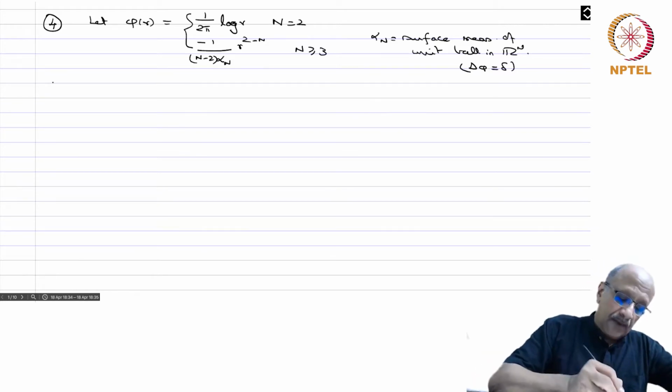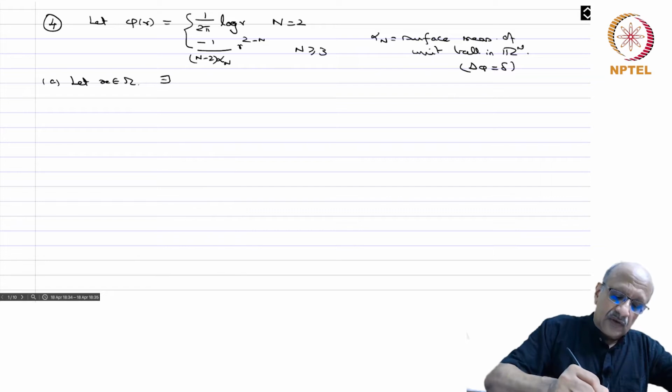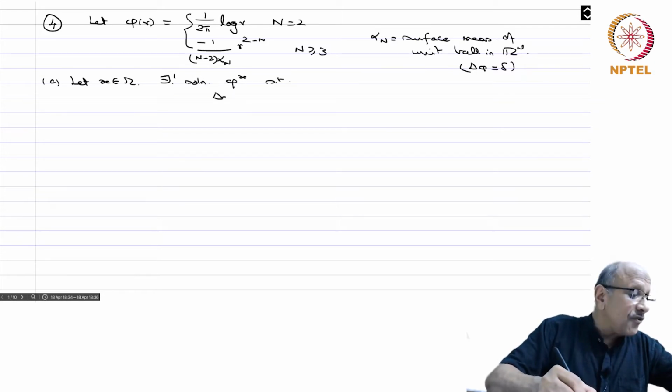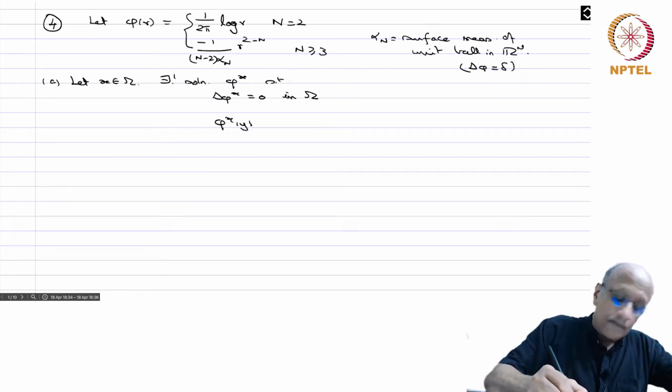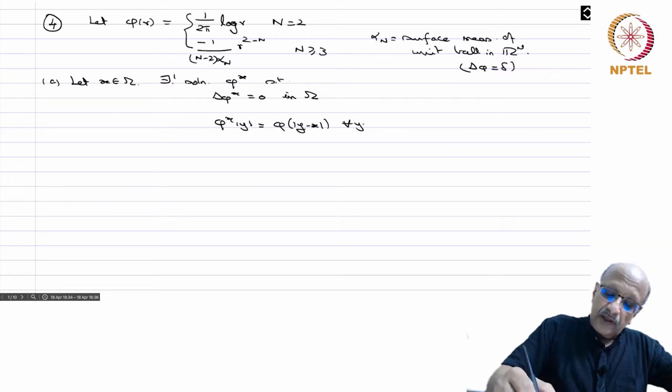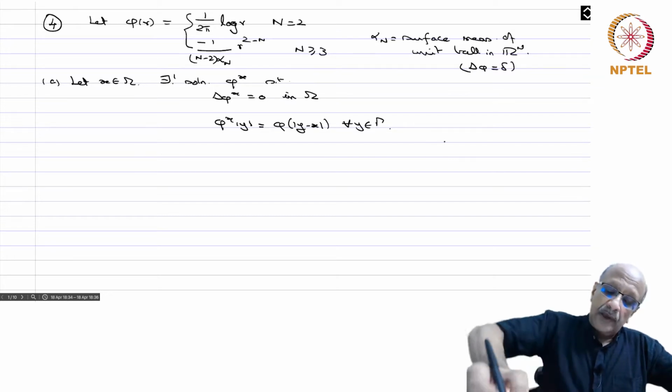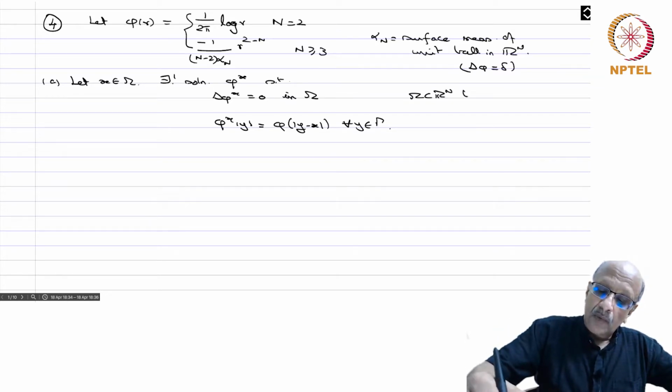Okay. So A, let x belong to omega. So there exists a unique solution phi super x such that delta of phi x equal to 0 in omega and phi x of y equals phi of mod y minus x for all y in gamma. Okay, so omega in Rn is a bounded open set and gamma equals d omega as usual.